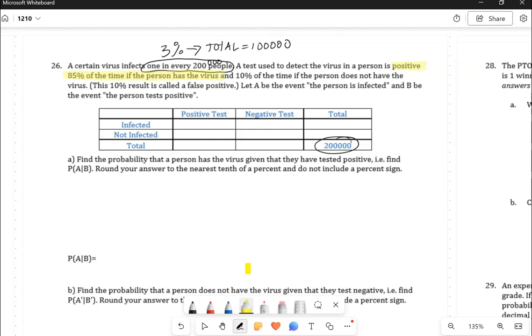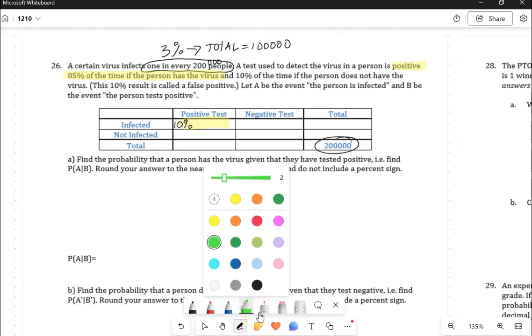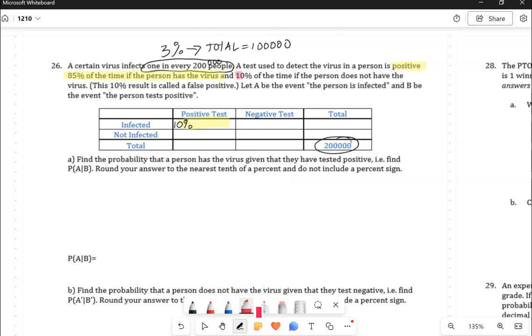So that is a true positive test if they have the virus. A test is positive 10% of the time if it does not have the virus. I said 85. Oh my goodness. I caught my mistake. Hopefully you guys were spotting what I was doing.